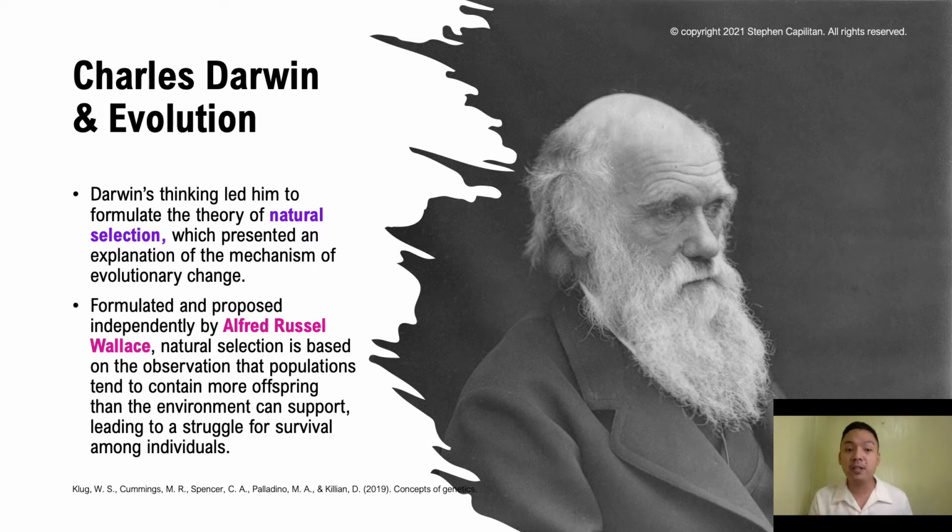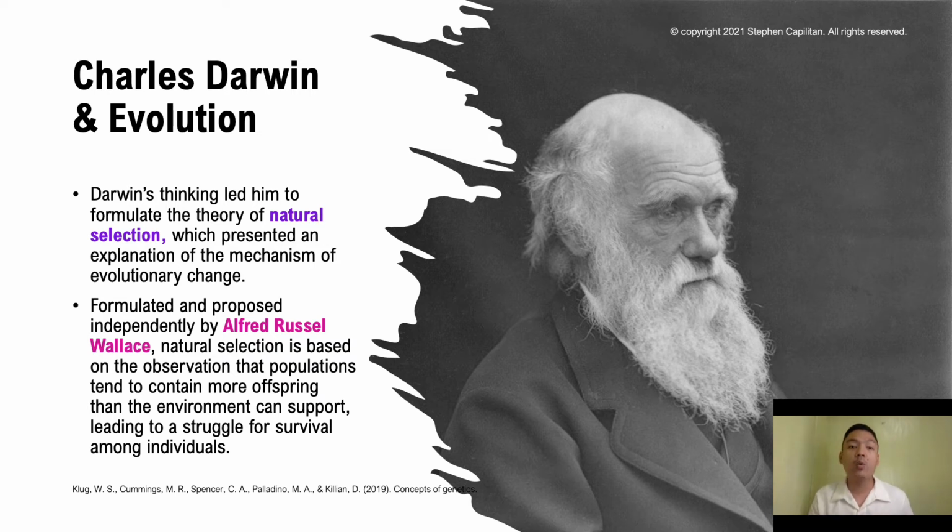And another person, Alfred Russel Wallace, noticed that natural selection is based on the observation that populations tend to contain more offspring than the environment can support, leading to a struggle for survival among individuals. And that's the competition that will happen in a certain population where some organisms are struggling for survival.